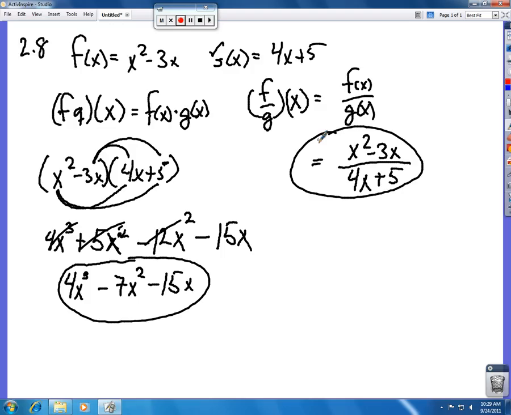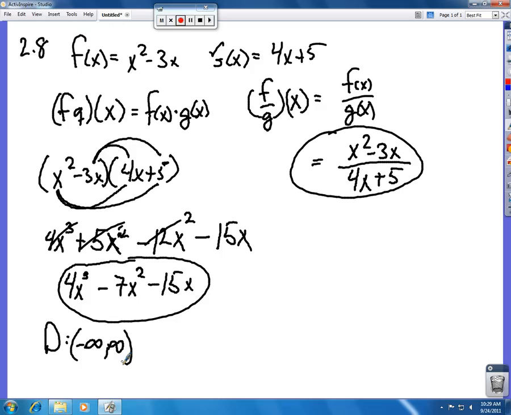But now, what if we ask for the domains of these two? Starting with the one on the left, this is going to be like the previous two that we just did, where we can plug in any value for x, and you're going to get some output. So your domain over here will be negative infinity up to infinity.